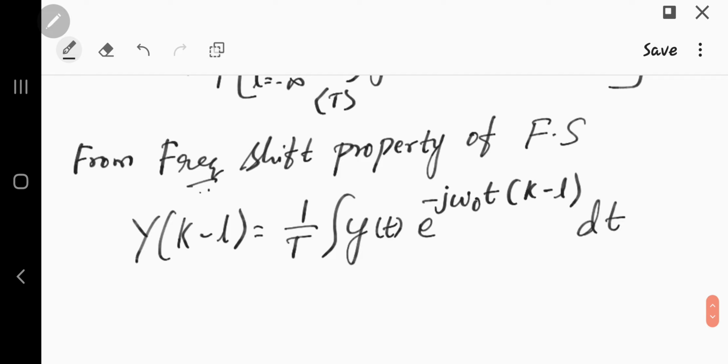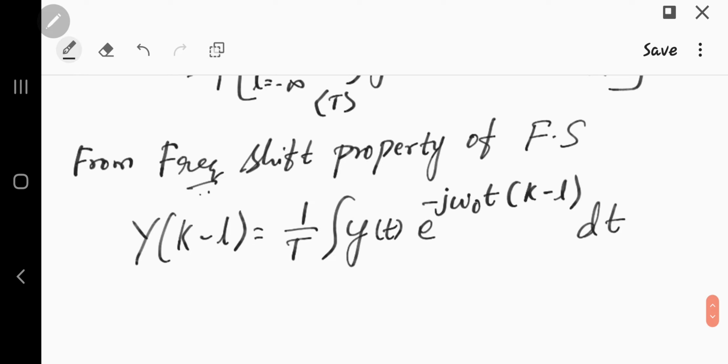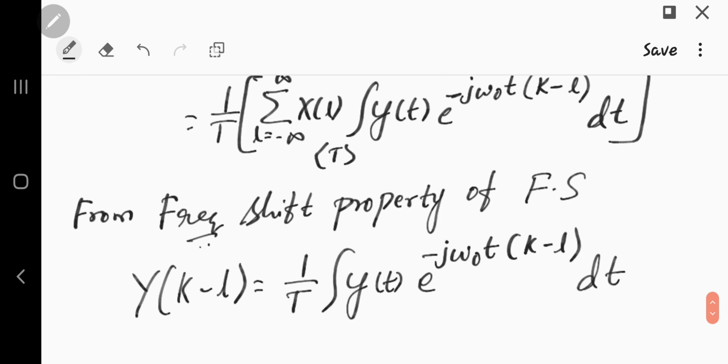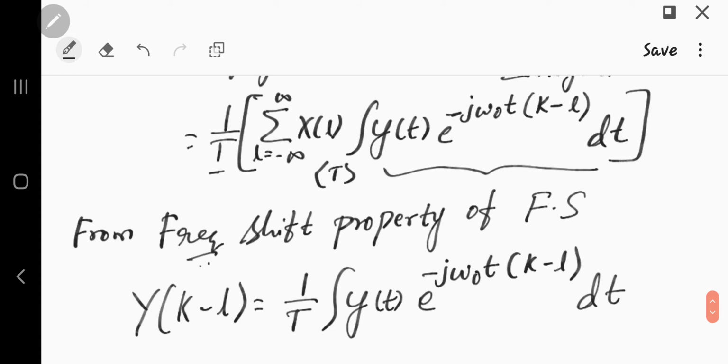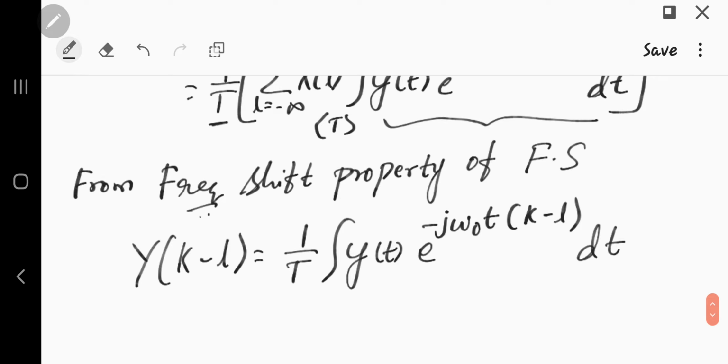If I go through the frequency shift property, I can write it like this. Now this term along with this 1 by T, I can replace with y of k minus L.